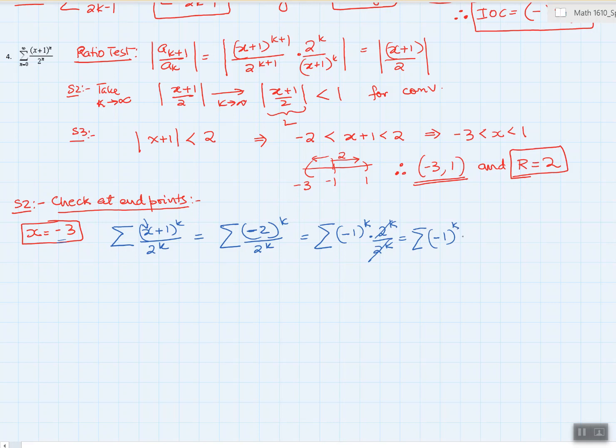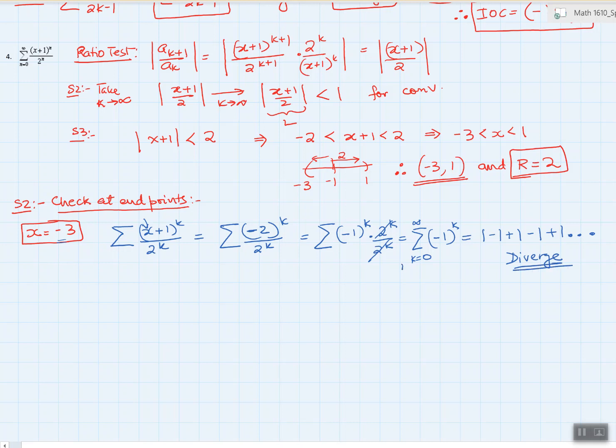But what kind of a series is this? There are a couple of ways of looking at it. One is pretty simple common sense: if you have (-1) raised to the power k, then if you put 0, you get 1. If you put 1 for k, you get -1, then +1, then -1, then +1. So a series like this is obviously going to diverge.